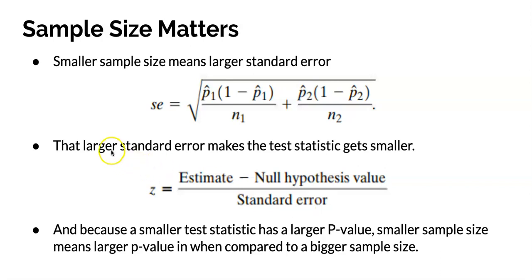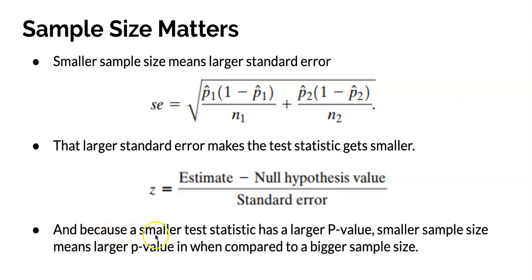So as the standard error gets bigger, that's going to make our test statistic get smaller. And remember, the test statistic is how far away this number is from the hypothesized null proportion.